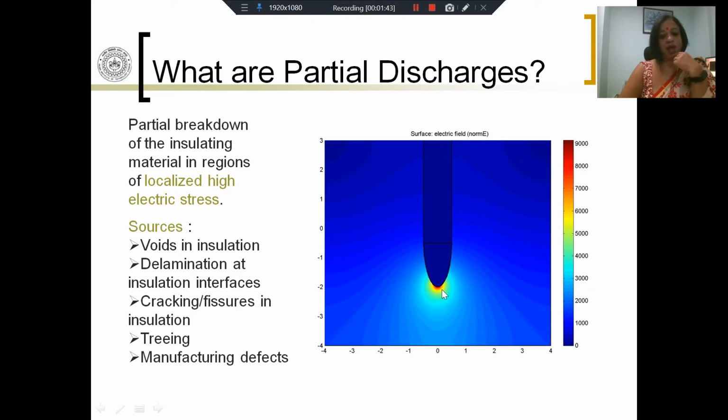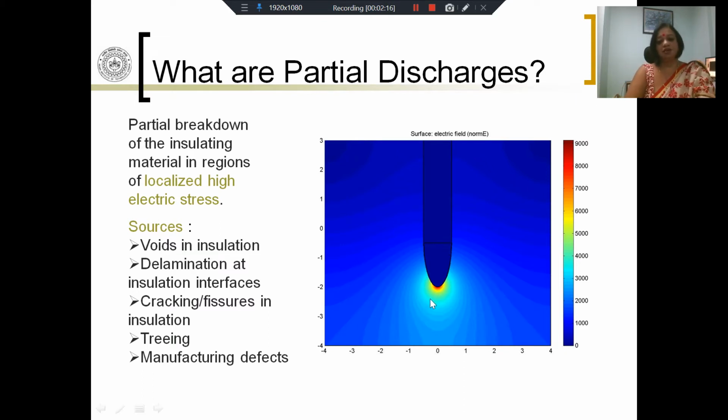However, as you can see right ahead of the needle, there is considerable stress enhancement. There is stress enhancement in the yellow region and the highest stresses are in the red region. It may so happen that even though you have 10 or 15 kV per centimeter in most of the air in this gap, only in the small red region the field may be extremely high, let's say 45 or 60 kV per centimeter, which is high enough to cause breakdown of the air.